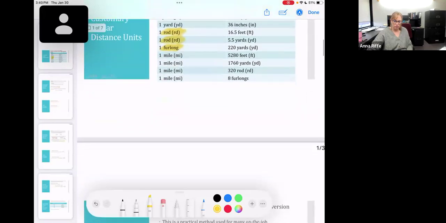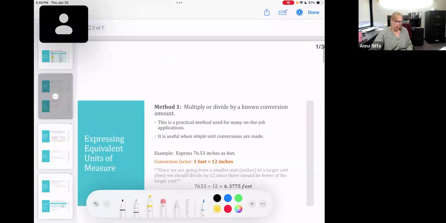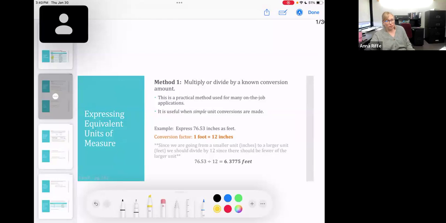All right, enough with that. We're going to talk about a couple different methods. This first one I'm going to go through fairly quickly because I want to get to the second method, which is what we're going to use more often. But this first method is useful if you're familiar with the units, I would say.